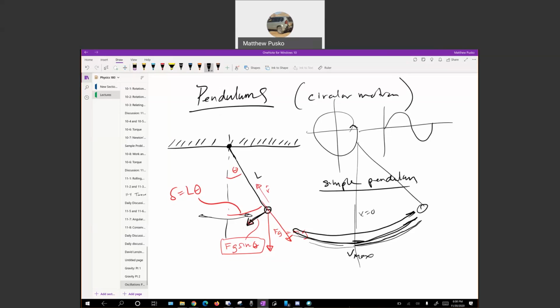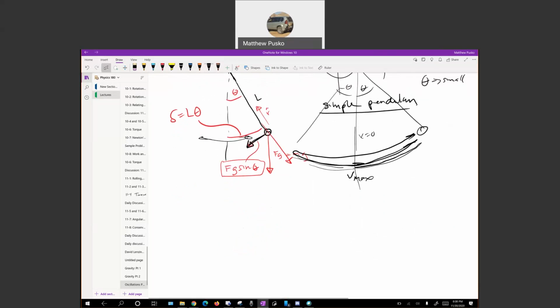So if we displace it some theta, it's going to make it through some other negative theta and oscillate back and forth. We'll see that theta needs to be small though, and that will come from the approximation we're about to make. It's a useful approximation, that's why I'm deriving this for you.